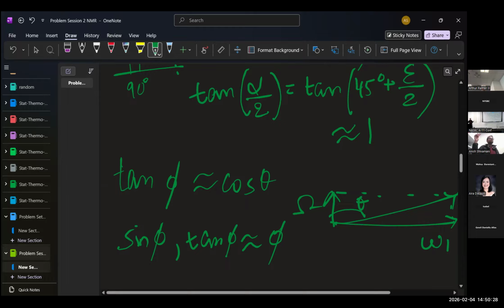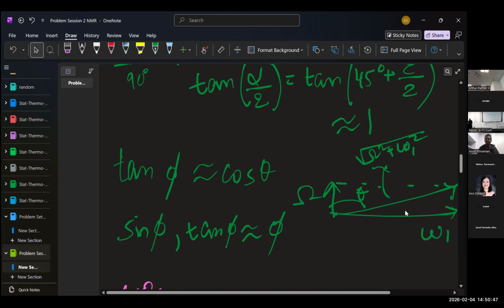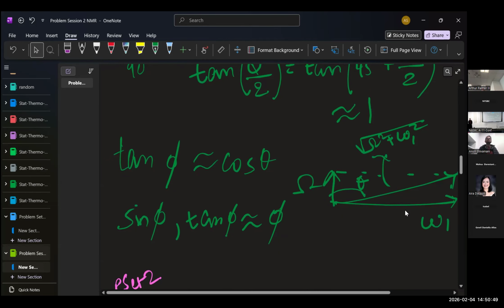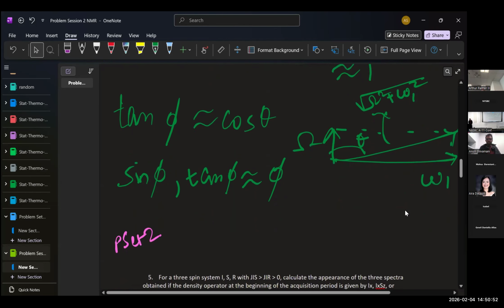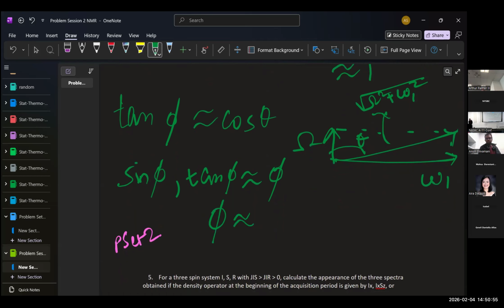Right? Because technically I have the square root of capital omega squared plus omega 1 squared. But in the event that capital omega is much smaller than small omega 1, I can approximate that as just the RF omega 1. So that leads me to this approximation where the phase that is acquired by the magnetization is roughly capital omega over small omega 1.